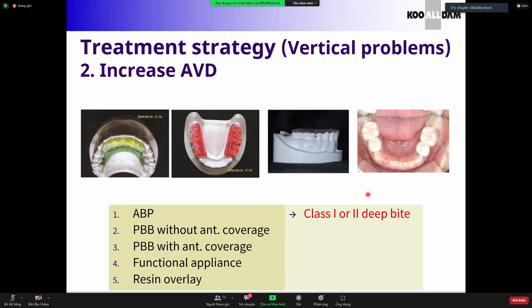It's difficult to use in class 3 malocclusion. On the other hand, PBB without anterior coverage, or with anterior coverage, a functional appliance. Another is resin overlay. This is primary dentition, and this is a resin cap, this area.